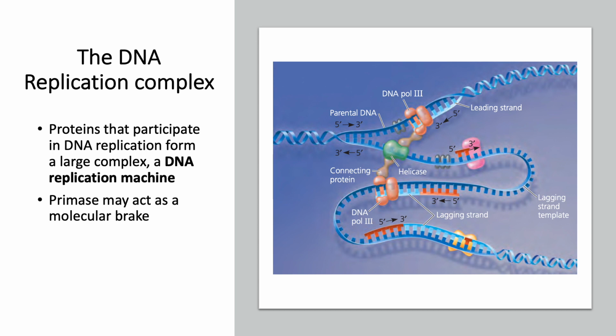Primase may act as a molecular brake, coordinating primer placement and the rates of replication on the leading and lagging strands. This photo is a current model of the DNA replication complex. Two DNA polymerase III molecules work together in a complex, one on each template strand. The lagging strand template DNA loops through the complex.